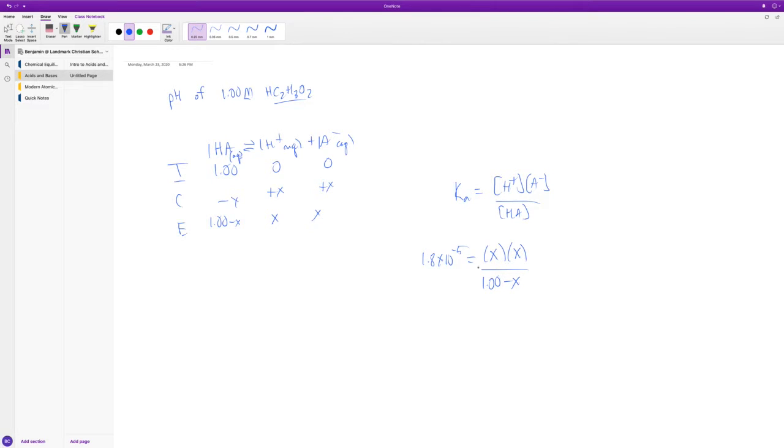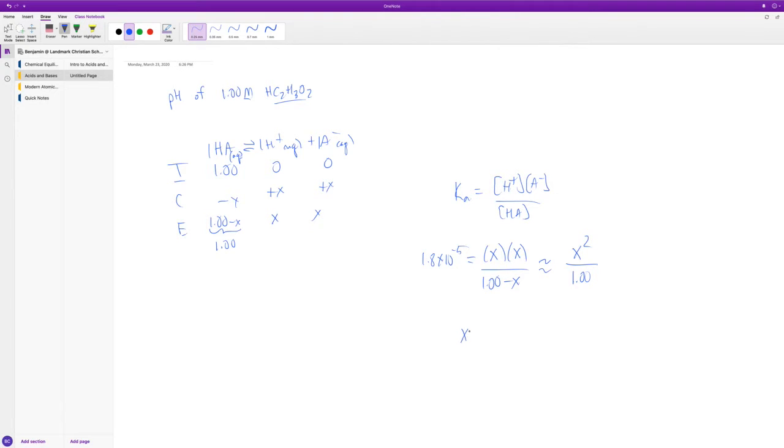Again, this is a weak acid, and like we did last time, we can approximate this value right here and say that's approximately going to be equal to 1, most likely. So we have x squared on the top and 1 on the bottom. Multiply both sides by 1.